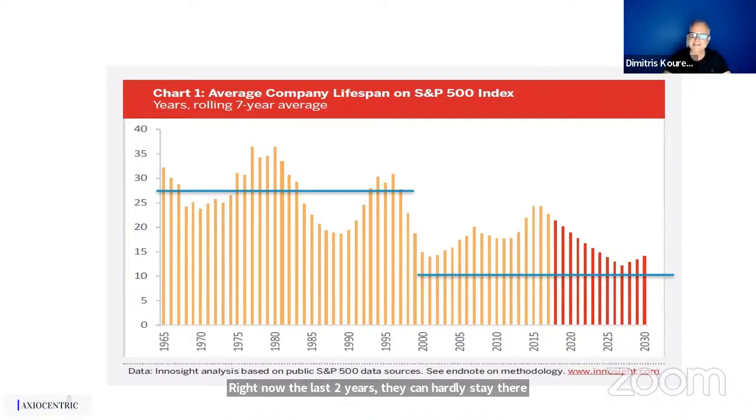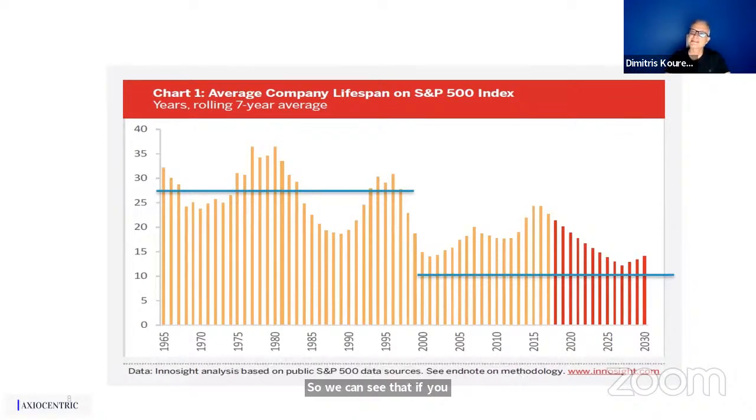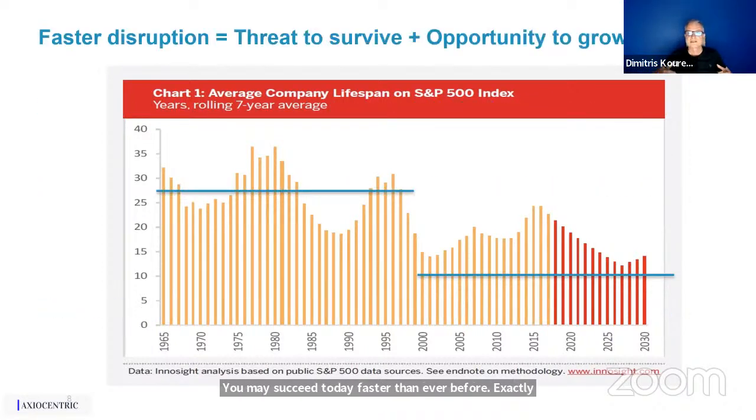Not everybody is changing so quickly. So we can see that if you succeed, you cannot sustain your success for very, very long. At the same time, you may succeed today faster than ever before, exactly because of technology. So technology, on one side, is a threat for many companies to survive if they don't adapt and change very quickly. And at the same time, for many smaller companies, that's a great opportunity to grow very fast and become one of the dominant players in the world.